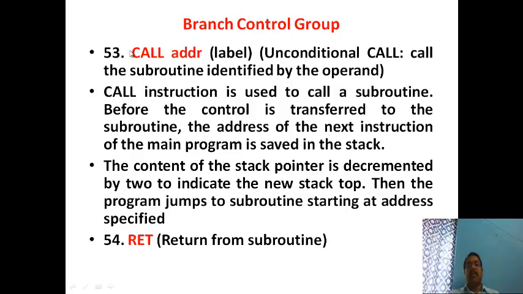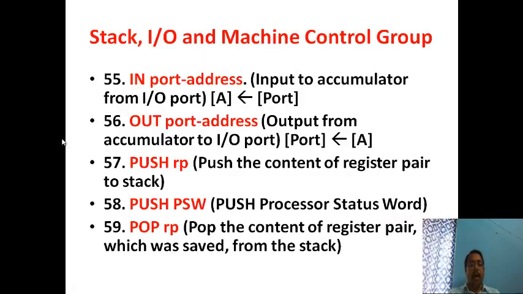What happens is 5001, the program counter value, will be moved to the stack, then the new address will be loaded to the program counter, and then it proceeds. Again, when it sees the return instruction, from the stack it will bring the value back to the program counter. So again 5001 will be brought back to the program counter and your program execution will continue. That is the difference between jump and call.